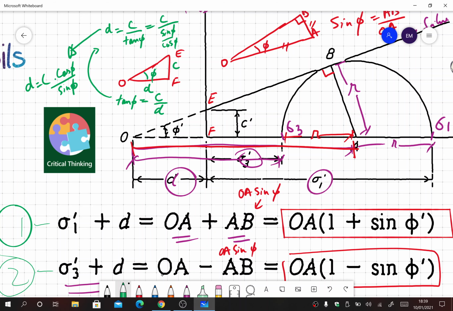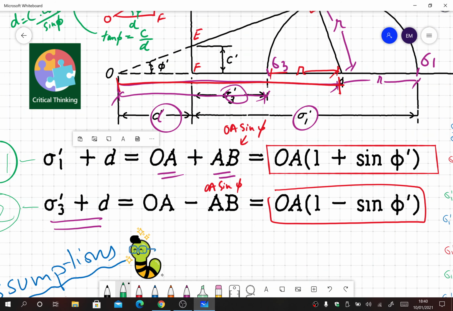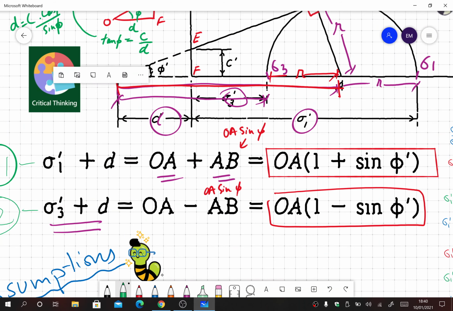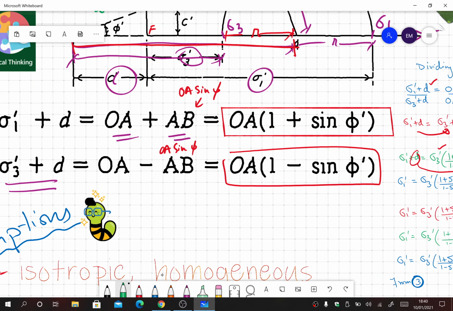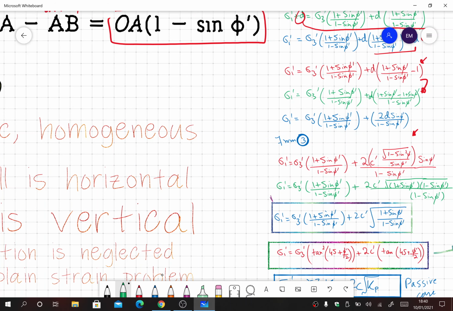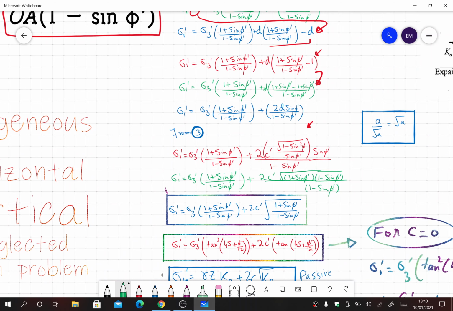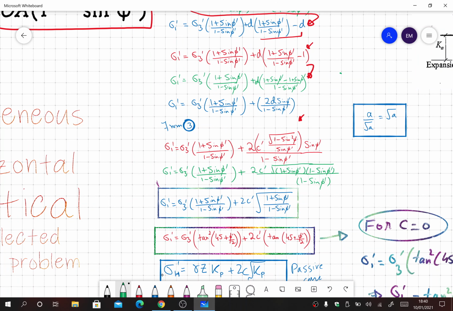So let's see what has been written for equation 3. So now we know that D is C into cos phi over sine phi. So we go back to our equations.